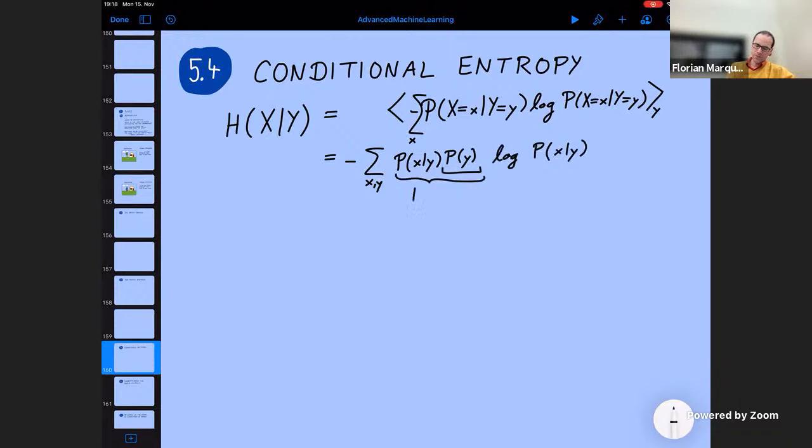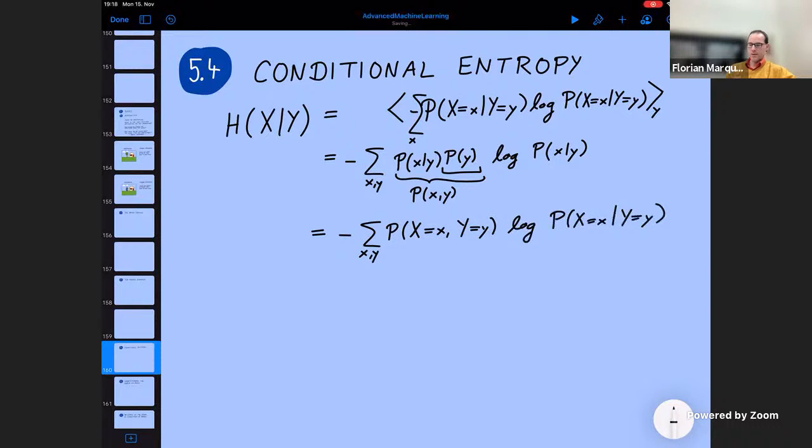This is just the joint probability. So in total, this is the definition of the conditional entropy. Okay, so it's basically entropy calculated with conditional probabilities averaged over all possible values of the observation.